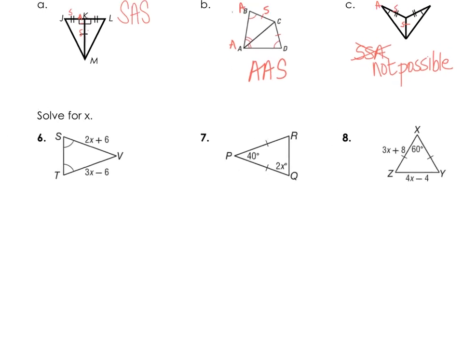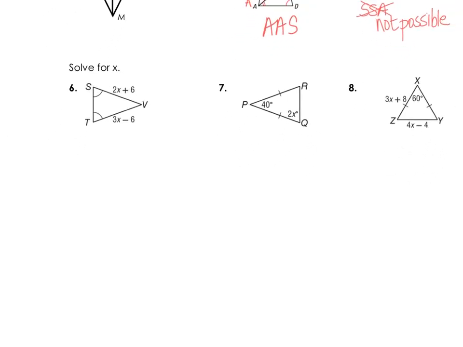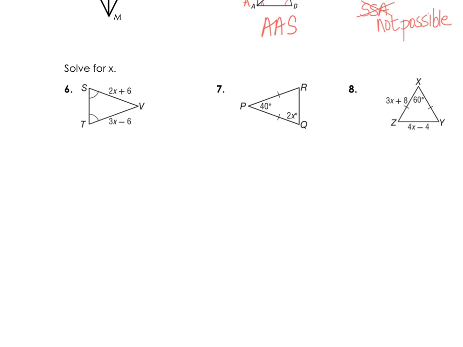Okay, so now we're looking at these three triangles and we're going to solve for x. On the test, you might be solving for x, or you might be giving me the length of a side or the measure of an angle. So that would be when you are plugging the variable back in. Okay, so this one, I have the lengths of sides as algebraic expressions, but I don't have them marked equal.